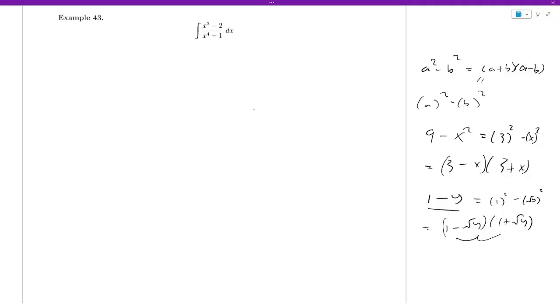So that's a really common and useful algebra technique. Here, we have x to the 4 minus 1, so I want to recognize that as a difference of two squares. It's x squared squared, that's how I get x to the 4, and then 1 squared is 1.